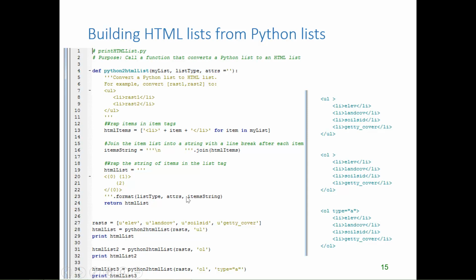So number 2 is our item string that we created, and so that'll contain all of these, and that'll be placed in between them. The 1 here is the attributes, so that's an optional argument that you can pass in if you want to say start your list with type A. You can pass that in and that will be specified as an attribute there.